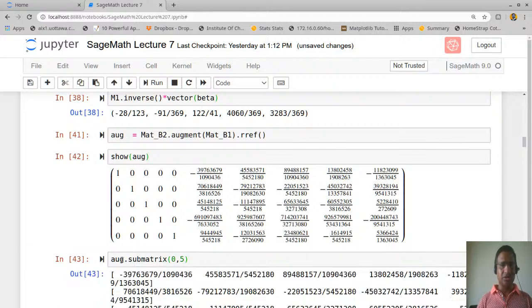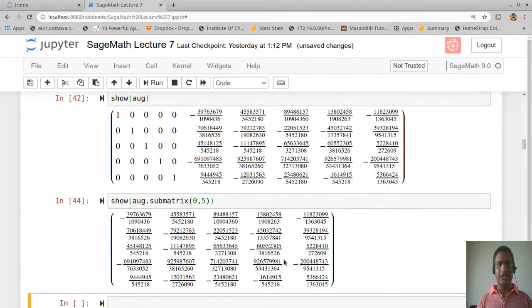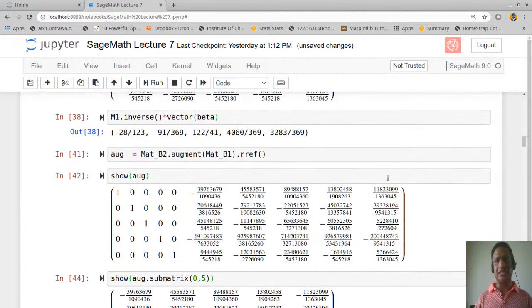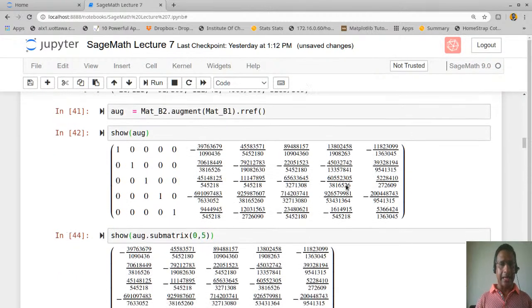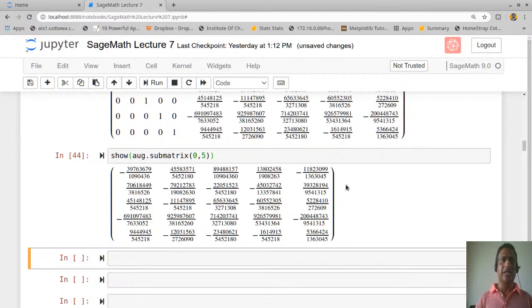Let me ask it to show. That is the matrix. So you can obtain this matrix using Rref, or you can use inbuilt function to find coordinates, and then again you can find it using matrix inverse. Okay, so this is very simple to find in Sage.